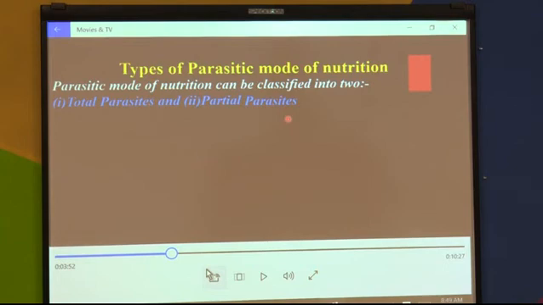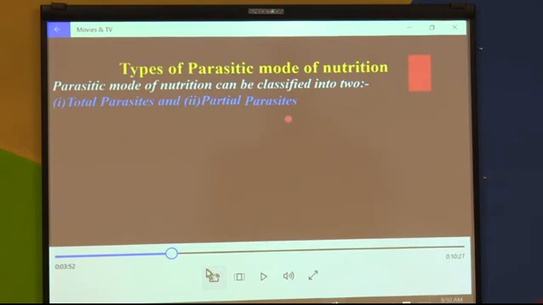They cannot prepare their food at all, they do not have chlorophyll, and by growing on another plant they take all the nutrients from it. That is why they are called total parasites.